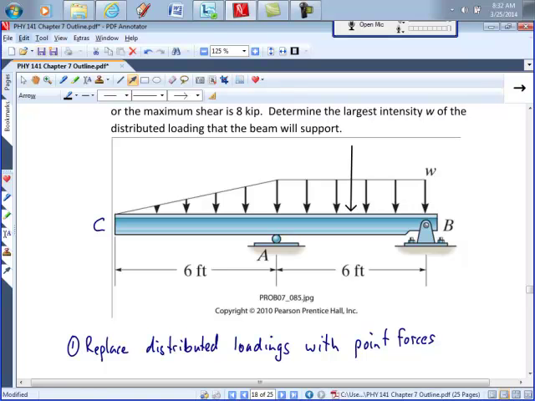And where is that force going to act? Halfway between A and B, so 3 feet from A or 3 feet from B.